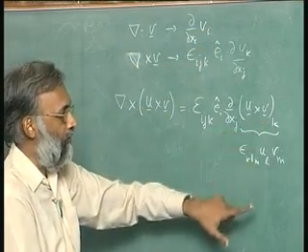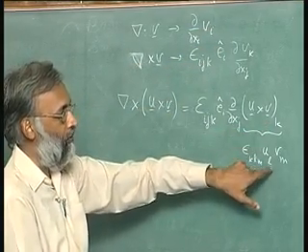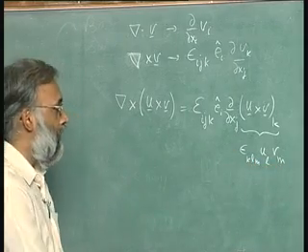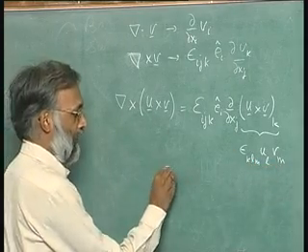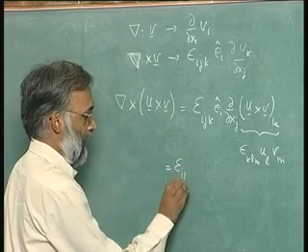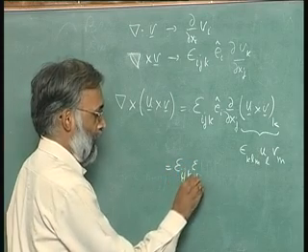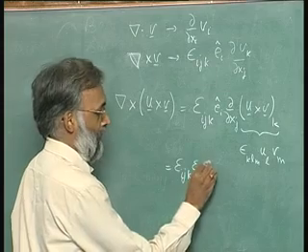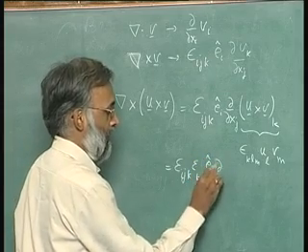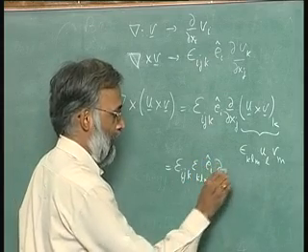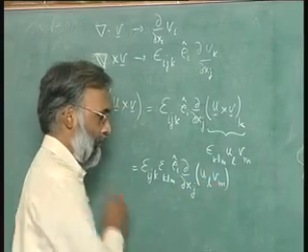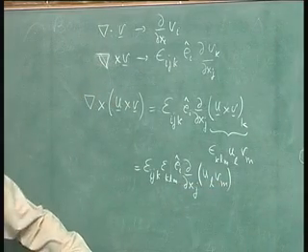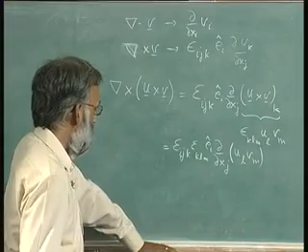So, here you want the kth component. So, epsilon klm ul vm. So, you get a rather complicated looking mess. Let me write it out. Epsilon ijk epsilon klm ei del del xj of ul vm. Looks in fact downright terrible. Is there something we can do?